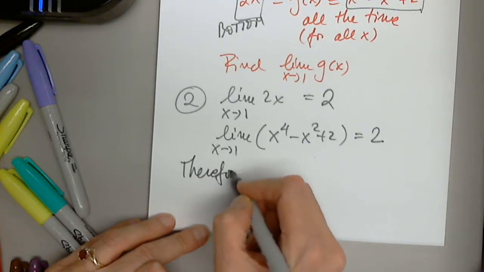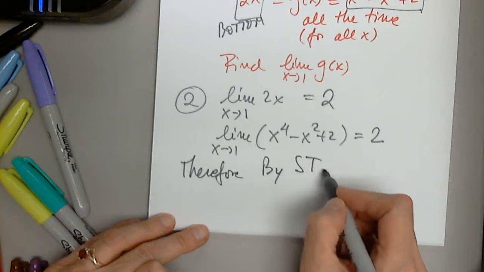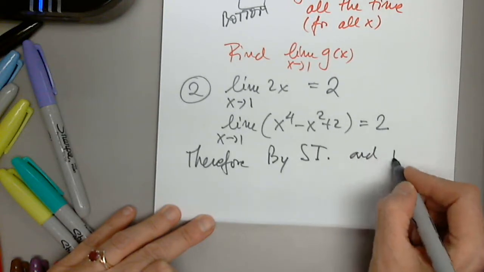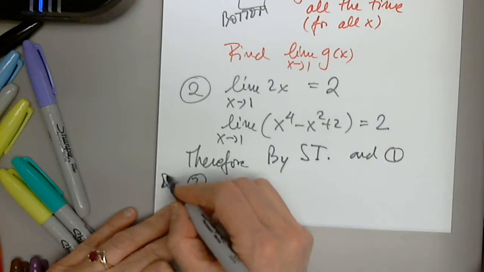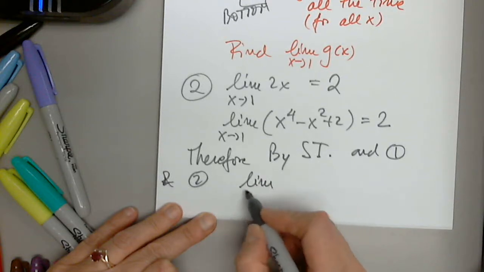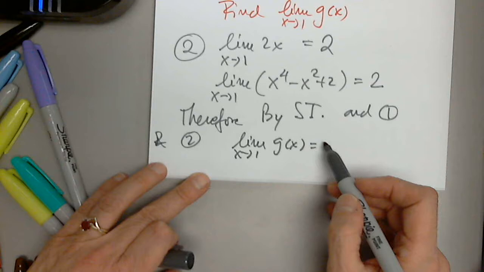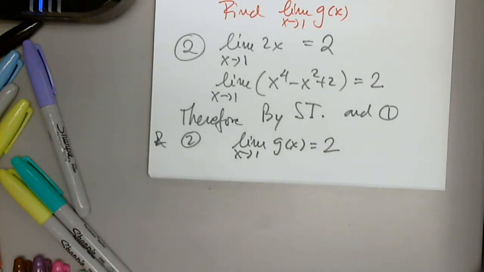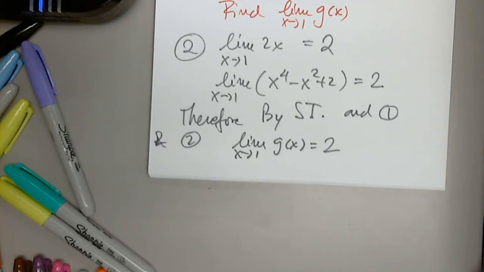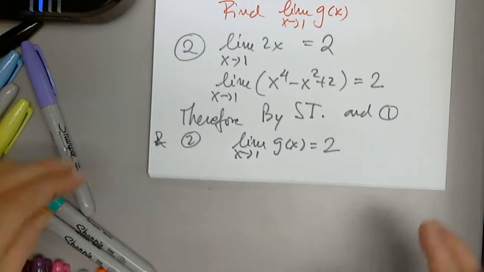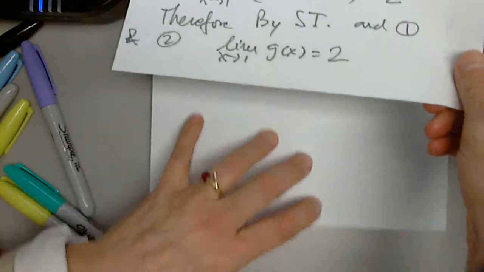Therefore, by the Squeeze theorem, the limit as x approaches 1 of g of x must be 2. So this is another application of the Squeeze theorem in which we were not even given the function. Good. So we'll conclude today.